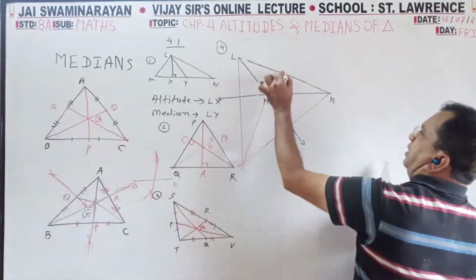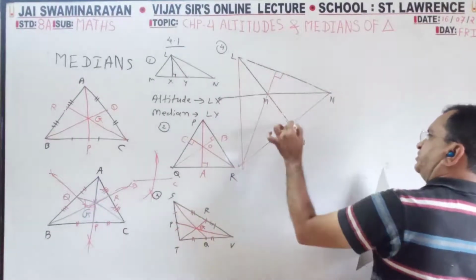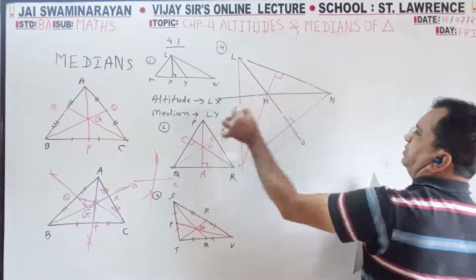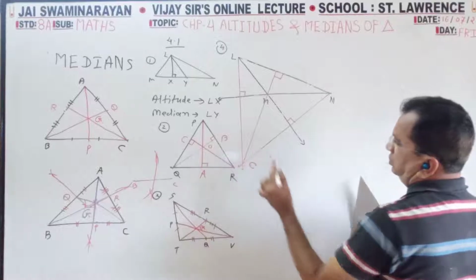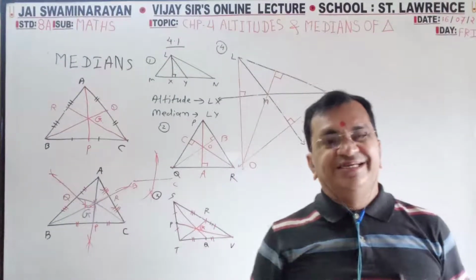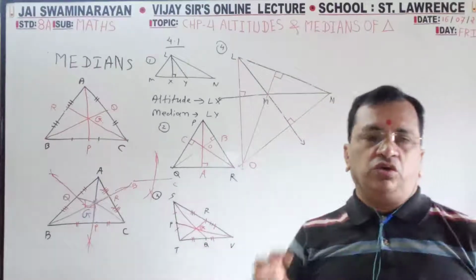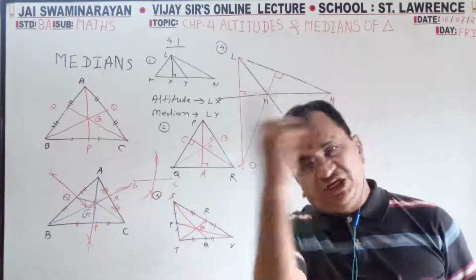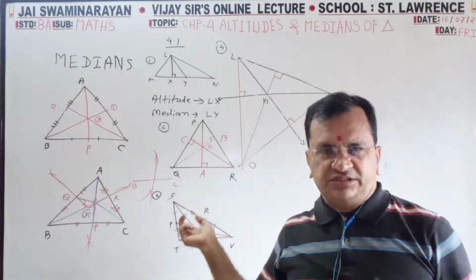So this is the perpendicular altitude on this, and this perpendicular altitude on this, but we have to extend outside. So for an obtuse angle, O, the orthocentre, is always outside, G always inside, the median intersection inside, and this outside.